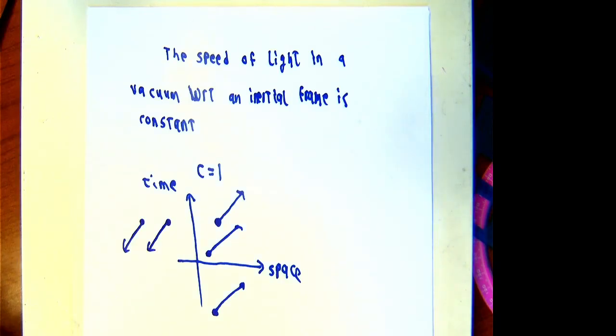Or -1 if the light pulse was sent off in their left direction. In either case, any way you cut it, in a space-time diagram, a light ray makes an angle of 45 degrees with respect to the time axis.